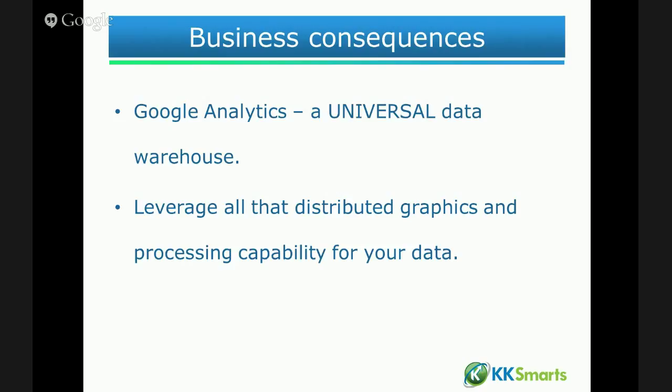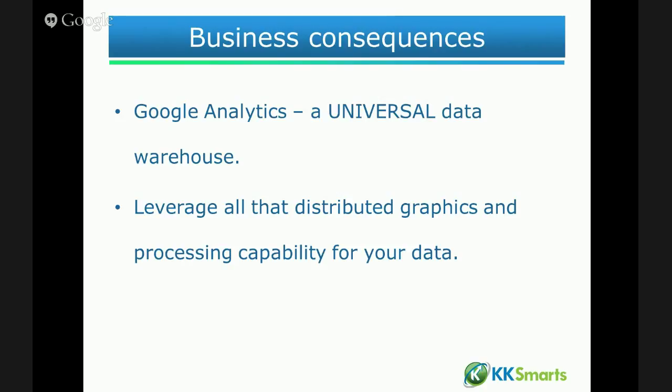So now you can get all sorts of data into Google Analytics that you wouldn't previously have been able to get. You can leverage all of that effort that Google have put in. They've effectively broadened the scope of Google Analytics. It's not a web statistics package anymore. It's a universal data tracking service. As I say, why they're not shouting about this and making more of it, I don't quite understand.